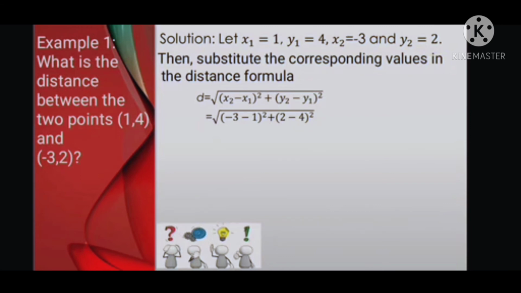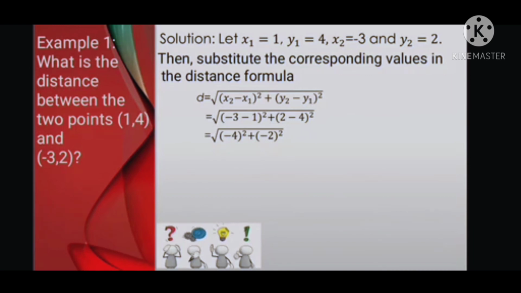Okay, so simplify that one. We now have the square root of negative 3 minus 1 is negative 4, so that's negative 4 squared, plus 2 minus 4 is negative 2, so that's negative 2 squared.